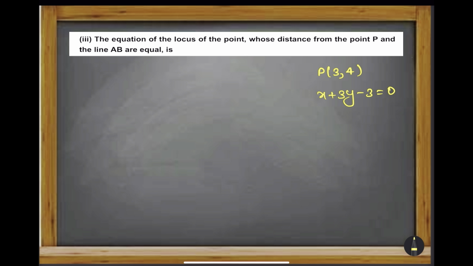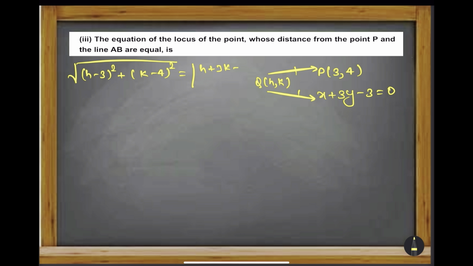So let's suppose that point Q is h comma k. So the distance of QP and this line should be the same. So can I say that root over (h minus 3) whole square plus (k minus 4) whole square equals mod of point substitution upon root over a square plus b square, correct.